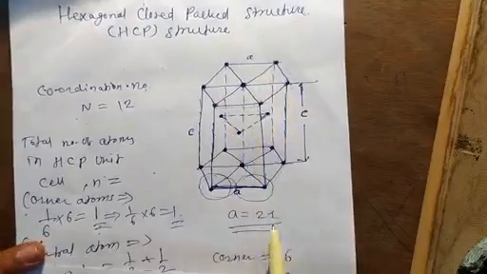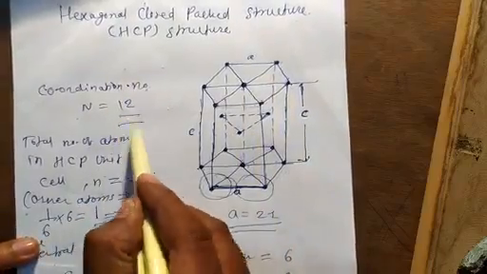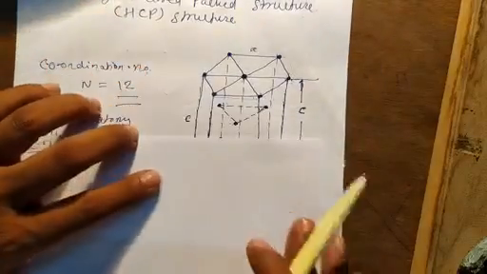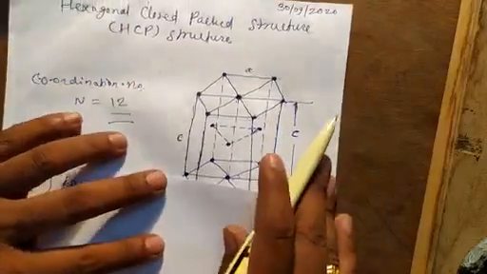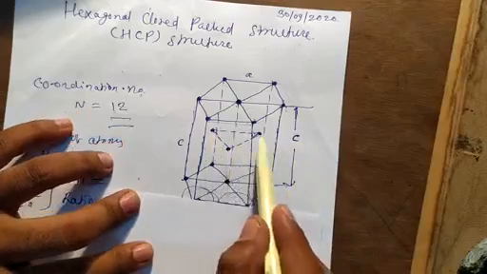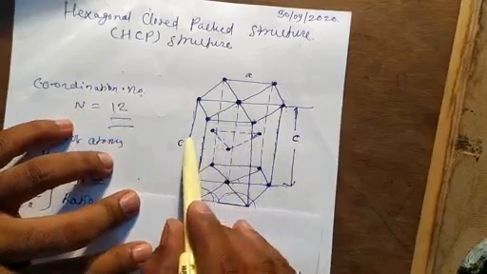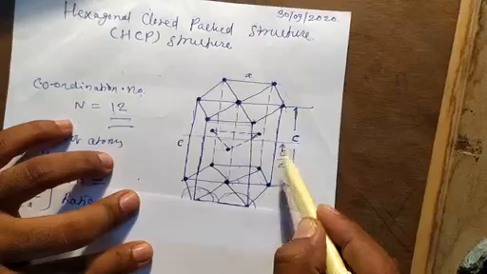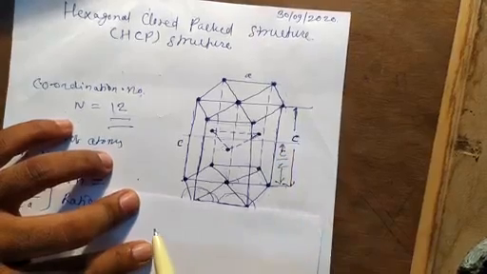Therefore we have calculated the coordination number is equal to 12. Now consider this diagram. The 3 inside atoms lie in a hexagonal plane at c by 2. If the total distance is c, these 3 atoms lie at a distance of c by 2.